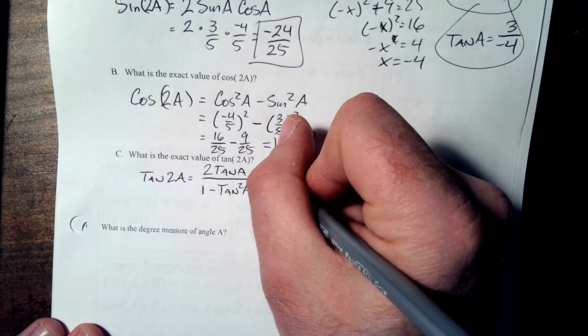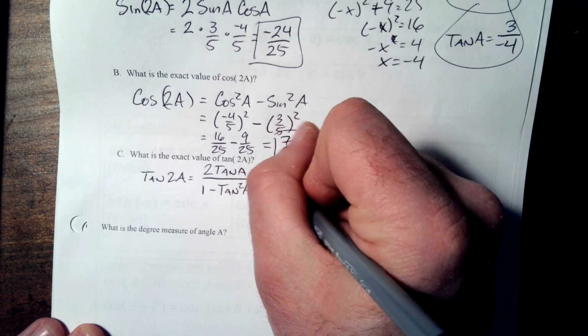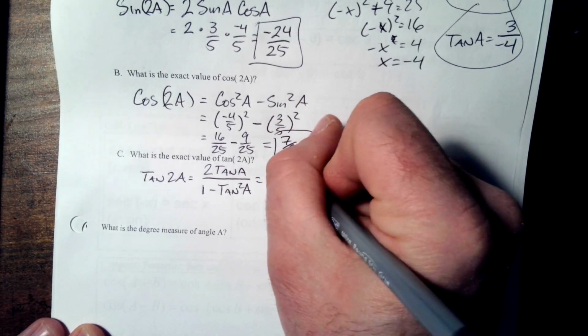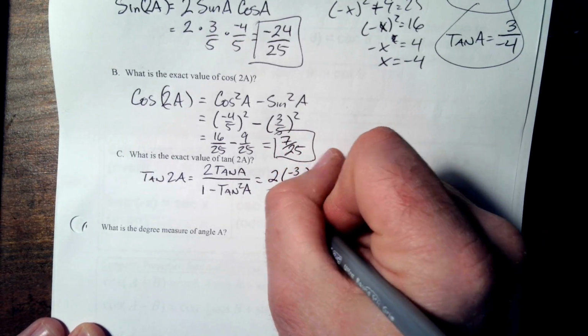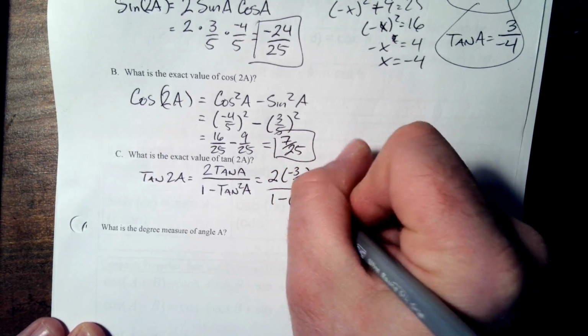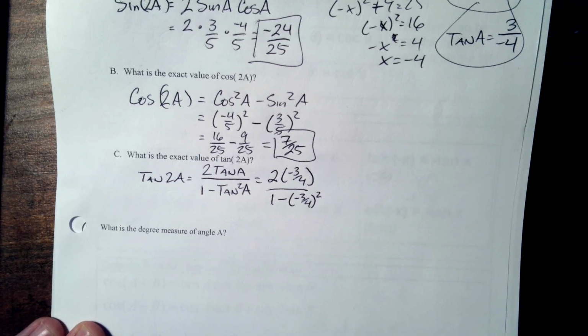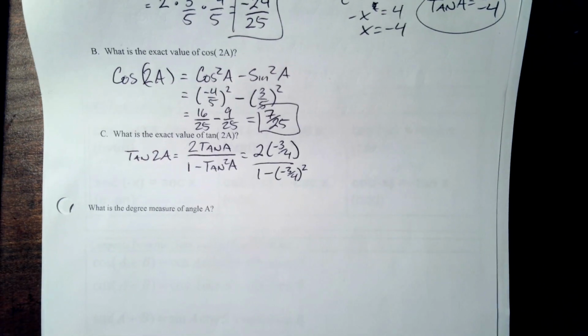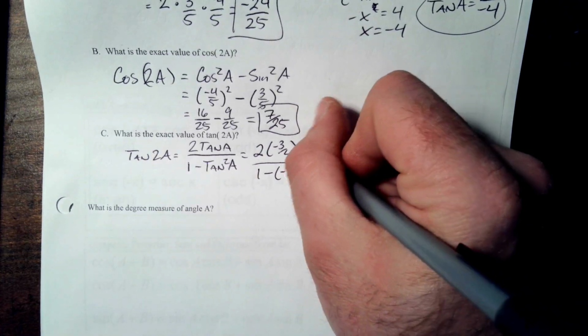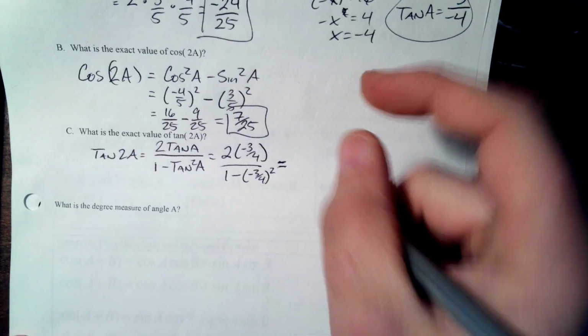So we're really looking at 2 times negative 3/4 divided by 1 minus negative 3/4 squared. Now again, big fraction division like that looks a little bit weird, so let's turn it into some linear division to maybe help us out.